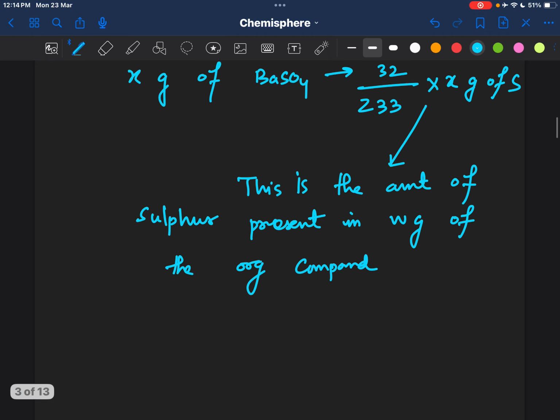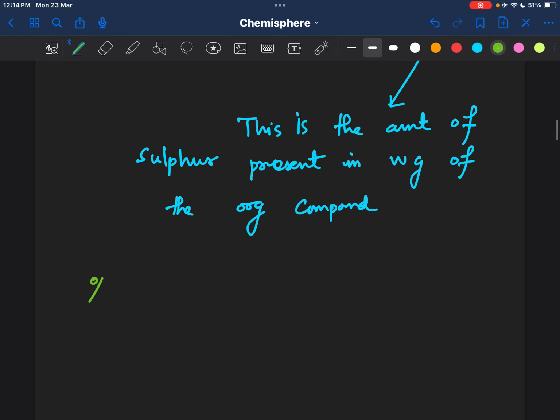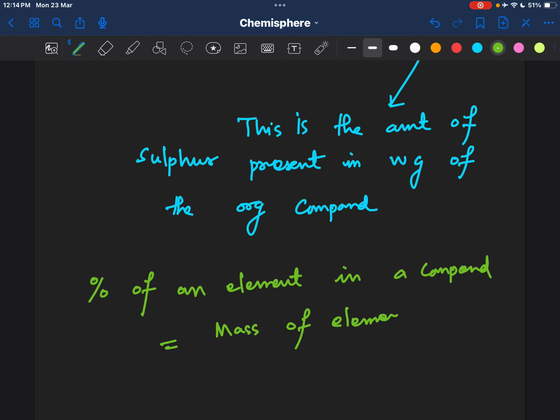To find the percentage of an element in a compound, we know the general formula: mass of the element divided by mass of the compound into 100.